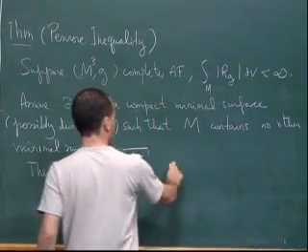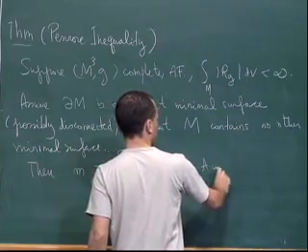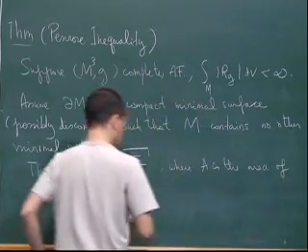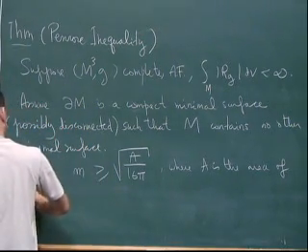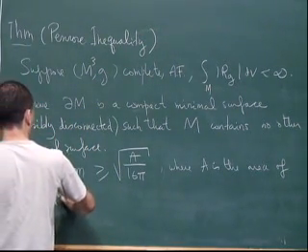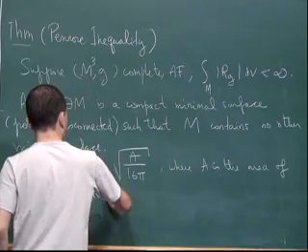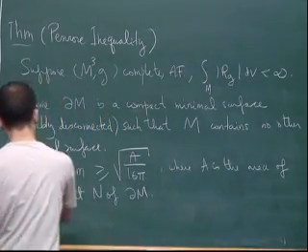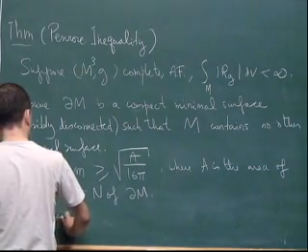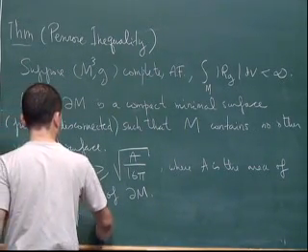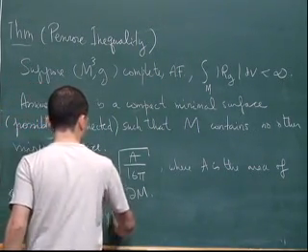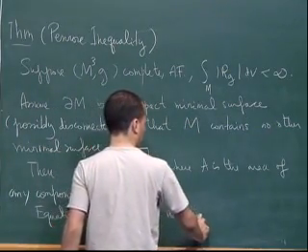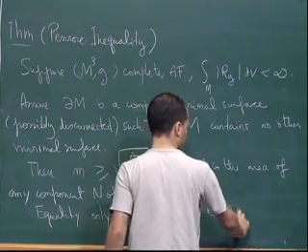The mass is at least this, where A is the area of any component of the boundary. And equality holds only if M is isometric to the half Schwarzschild.